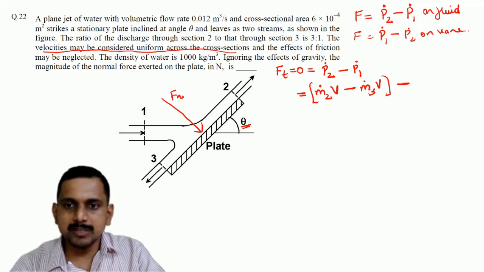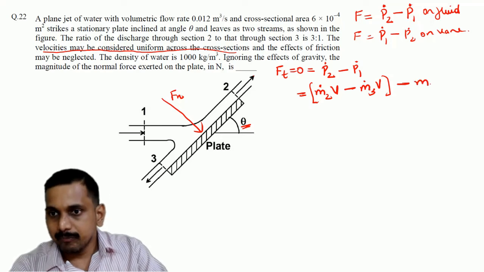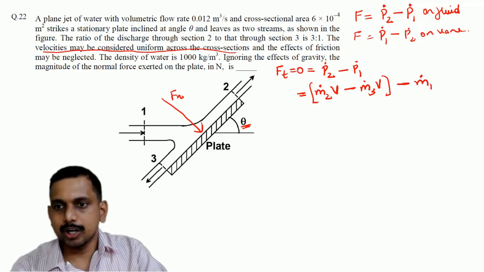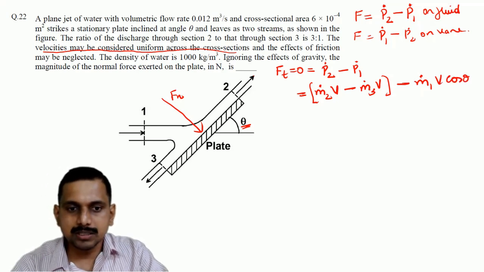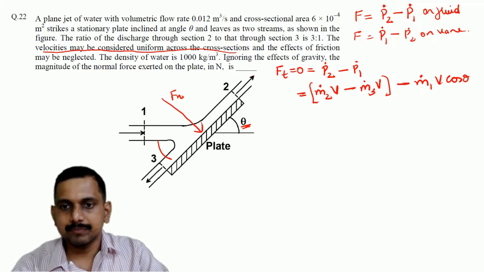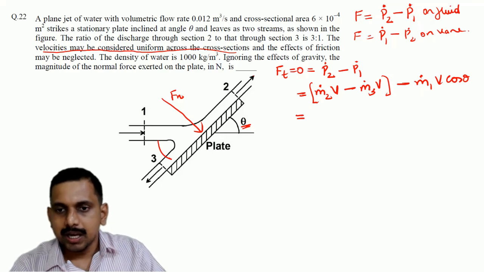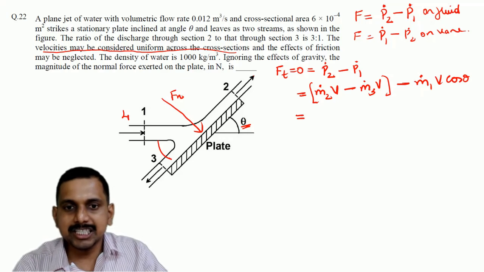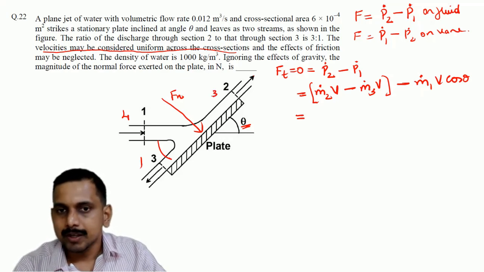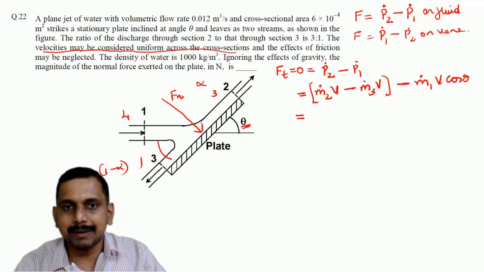Then minus P1. What is P1? P1 is what is coming in. That can be written as M1 dot into velocity into cos theta, because this is theta, so cos theta. Now the ratio 3:1 means 4 parts, shifted into 3 and 1. The portion coming here I will take as alpha, and what is coming down I will take as 1 minus alpha.